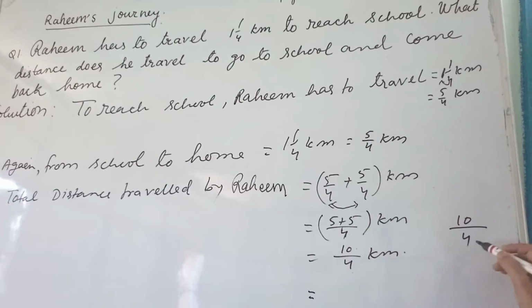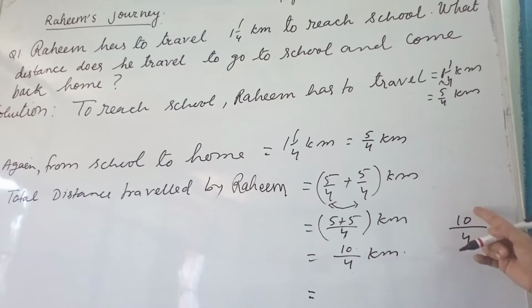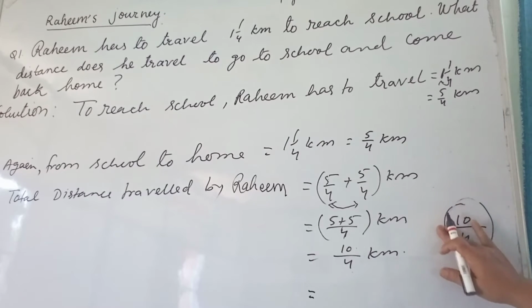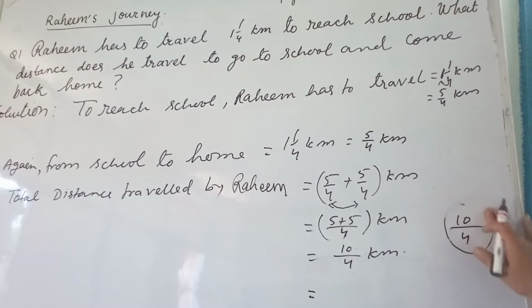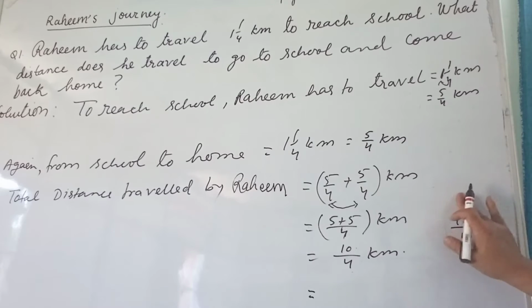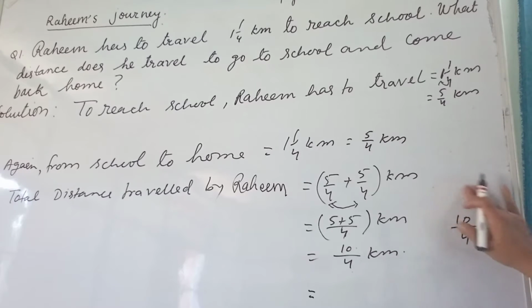Now you need to divide 10 and 4 by the same factor, the greatest common factor, that is 2.